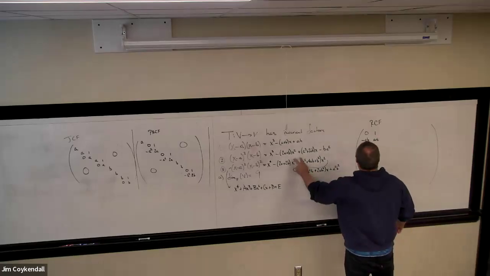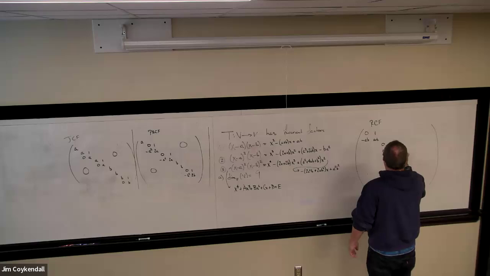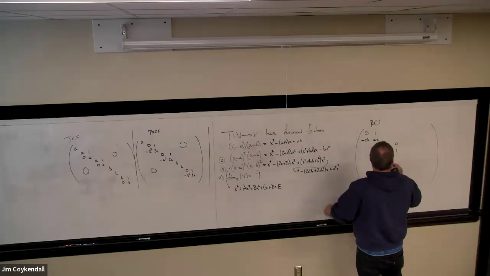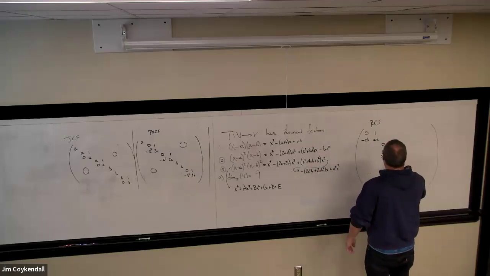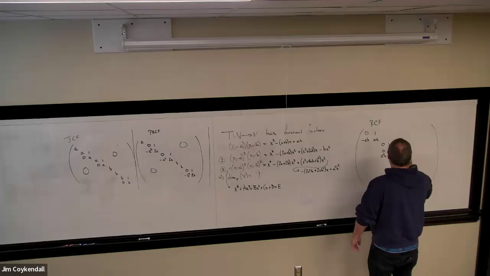Then I'll get a 3 block of this. 0, 1, 0, 0, 0, 1, and A squared B, minus A squared minus 2AB, and 2A plus B.